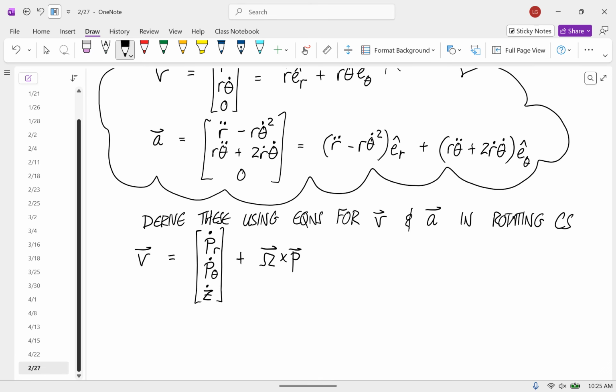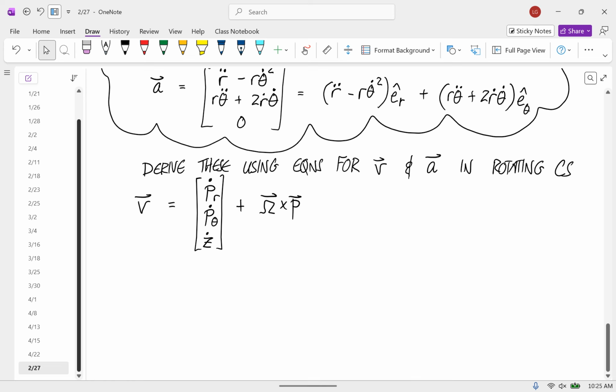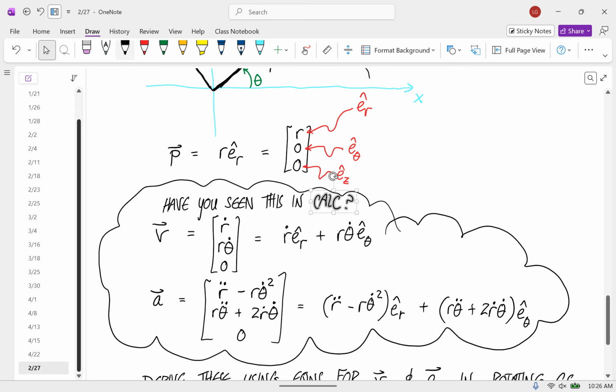And we just want to figure out what these things are, and then we'll just fill them in, plug them into our calculator and do the calculation. So first of all, this first thing, the time derivatives of the components of the position vector, this is the position vector given here.